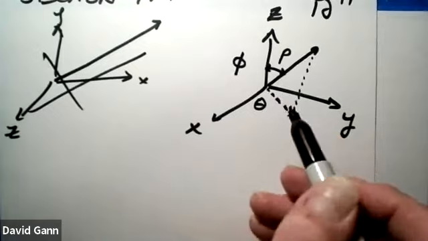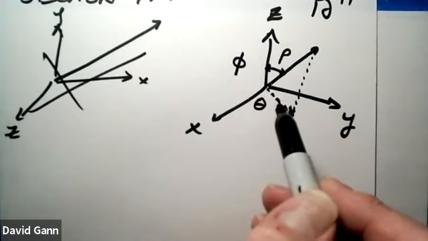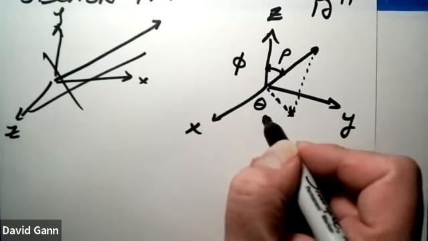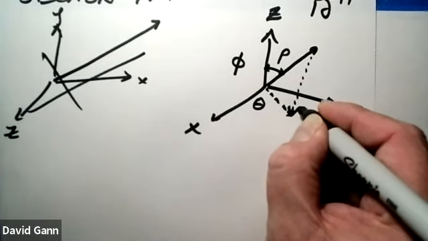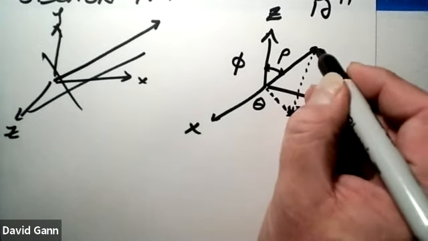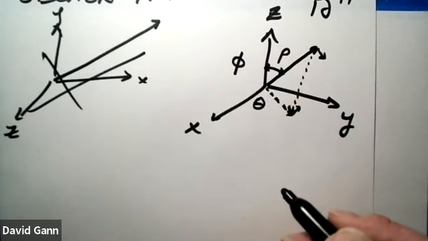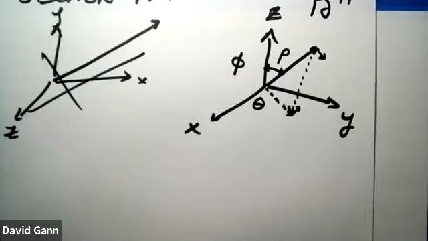but regardless, the hallmark between all of these systems is that you create these unit vectors that are in the direction of these various coordinates. It's a little hard to think of, but the theta direction here is actually at a right angle to that projection. And the zenith, the unit vector in the zenith angle, is actually at a right angle to the tip of the vector moving down to the xy plane.